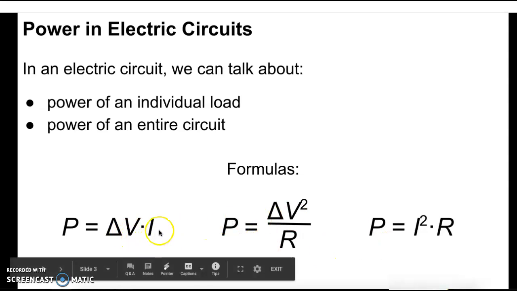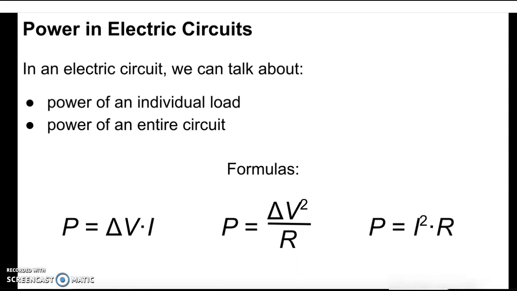If you're given voltage and current, the first formula says you can calculate the power by multiplying voltage and current. If you're given voltage and resistance, then the second formula says you can calculate power by doing voltage squared divided by the resistance. And if you're given current and resistance, the third formula says you can get the power by doing the current squared times the resistance.